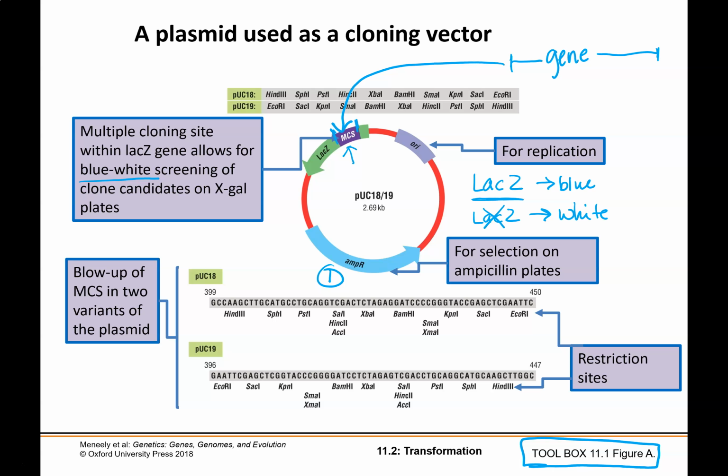So if we have a bacterial colony that can, one, grow on ampicillin plates because it has ampicillin resistance, and two, shows white colonies, then we know that our cell has our plasmid that we want with our gene of interest. And then we can go on with our recombinant analysis. We can do whatever it is that we're going to do with this plasmid.